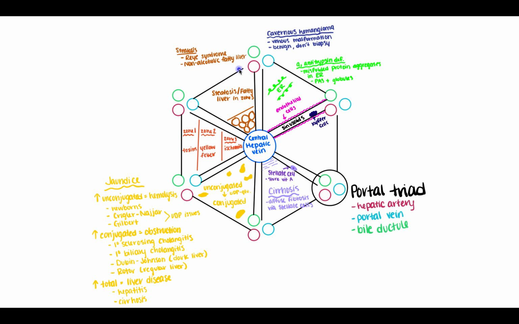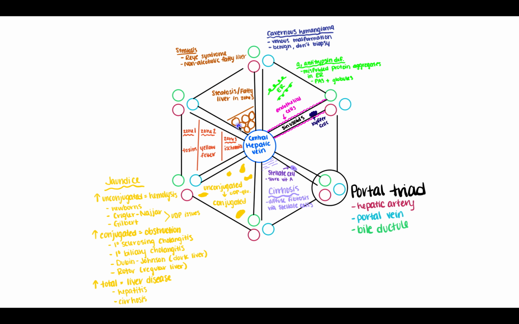And this is going to be a fatty liver problem, and so you're going to have this steatosis that's going to be in zone 3, and that's because of the lack of oxygen here, or the lower oxygen levels. And this could be in fatty livers, such as alcoholic fatty liver, but this could also be non-alcoholic or Reye's syndrome, where you have this steatosis in the zone 3.